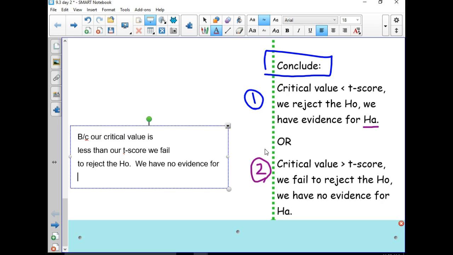The true average runs for this team is different than the national average.